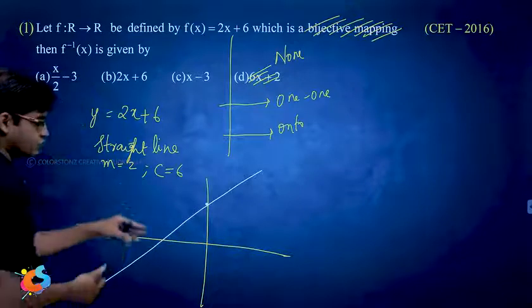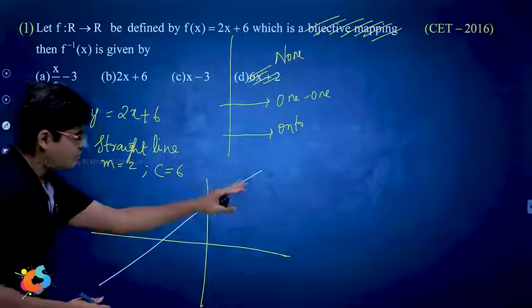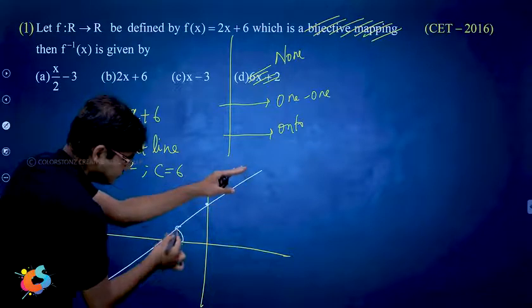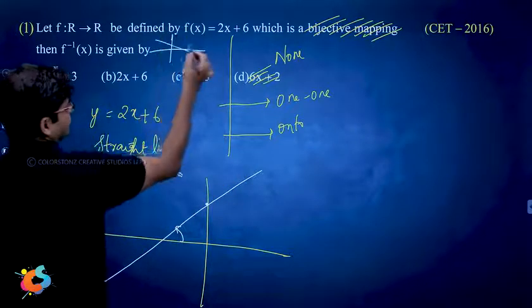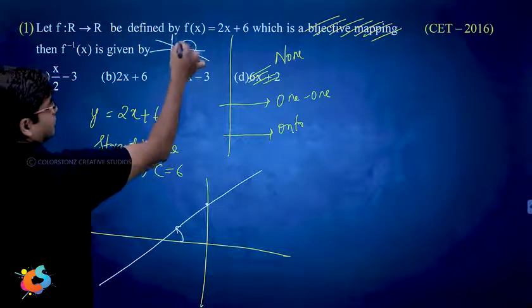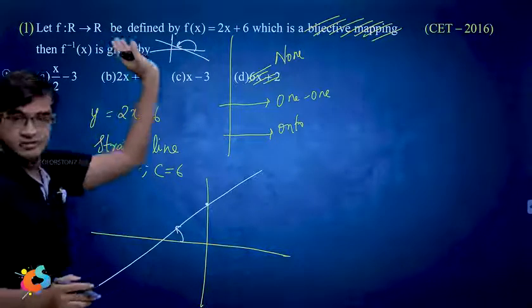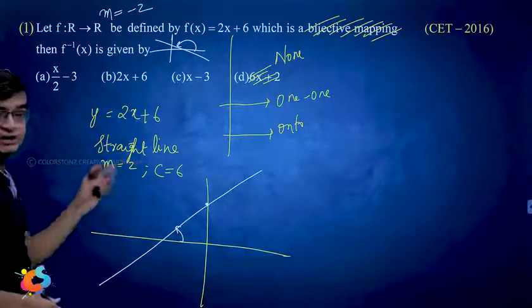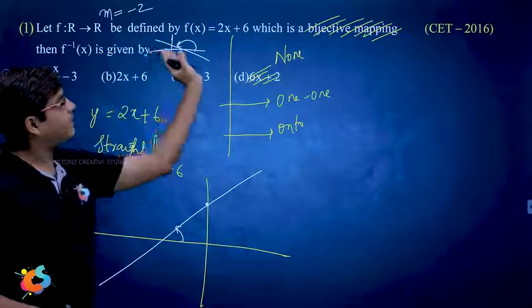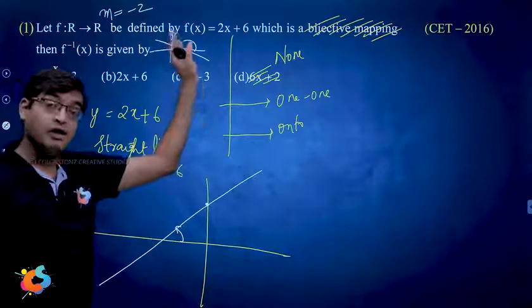Slope is 2. Positive slope will make an acute angle with x-axis, isn't it? If it is a negative slope, let us say for example slope -2, then the straight line will be like this, and the angle it makes with x-axis will be obtuse.